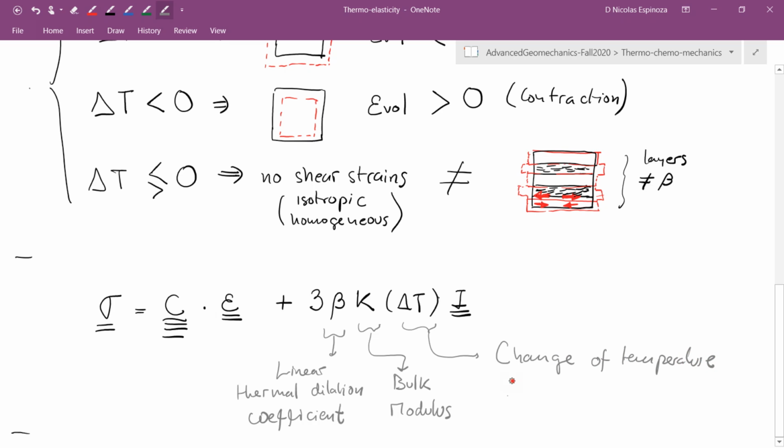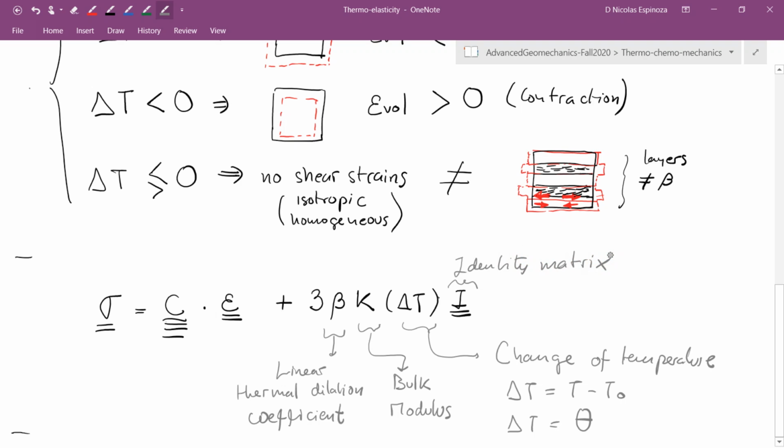And delta T is equal to the temperature at a given time minus the initial temperature. Sometimes we're also going to refer to this variable delta T simply as theta, because we're going to use some derivatives and we don't want this delta there, to avoid confusion. And last, you know this one, this is the identity matrix.